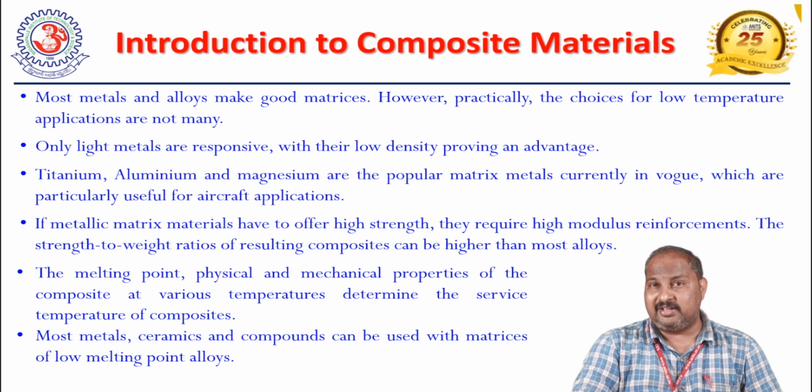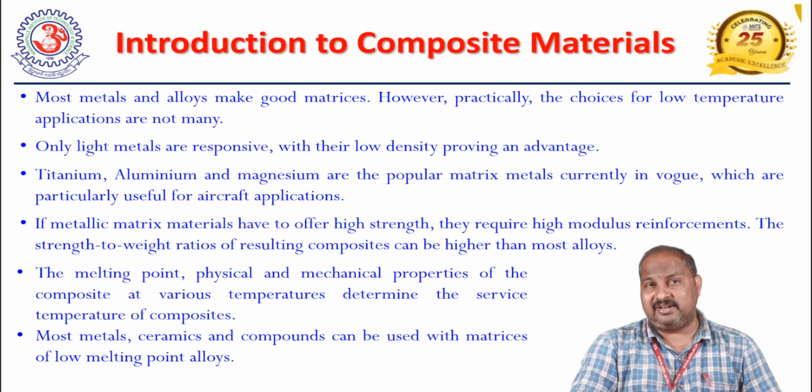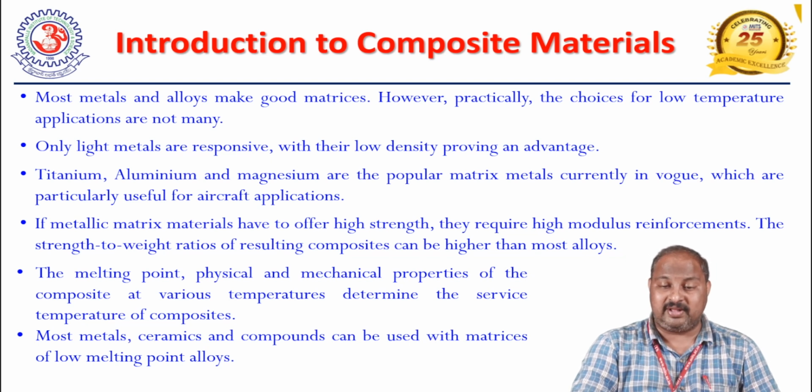However, practically the choices for low temperature applications are not many. The major characteristic for using metals as a matrix material is generally their density. The general lightweight metals or light metals are responsive, and their low density provides an advantage. That's why only the low density metals or alloys are used as matrices in engineering applications.